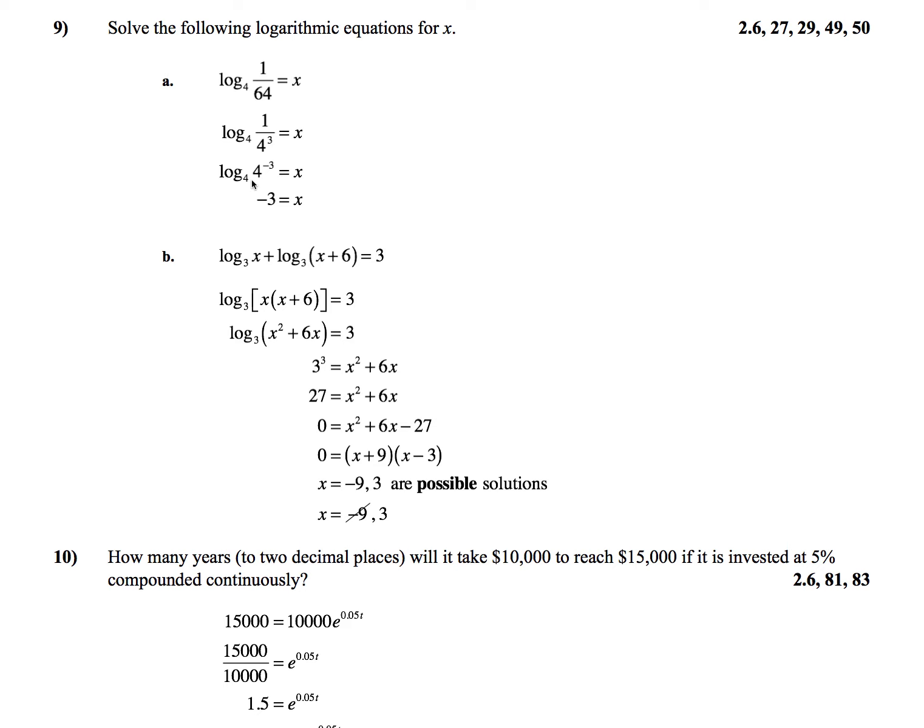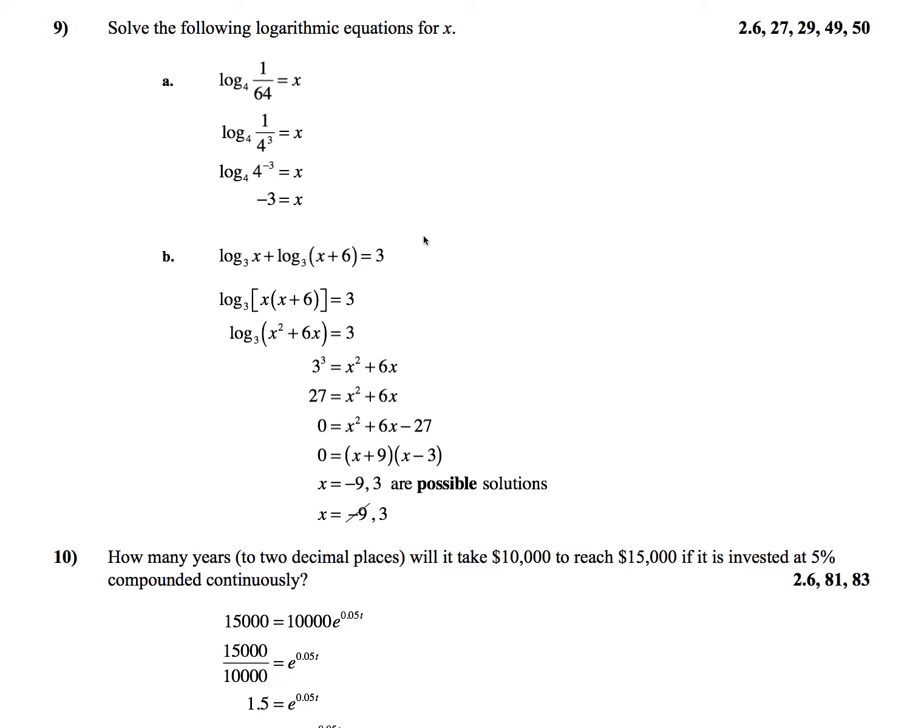So that's log base 4 of 4 to the negative 3 now. When we have a logarithm of a particular base taken of that same base, those two operations cancel one another out, and that just leaves the exponent alone. And so that gives us our solution of negative 3 is equal to x.